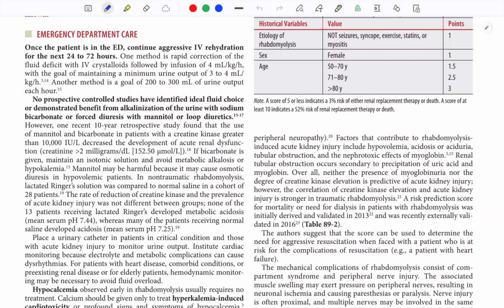Renal tubular obstruction occurs secondary to precipitation of uric acid and myoglobin. So uric acid and myoglobin will jam the filters of kidney.